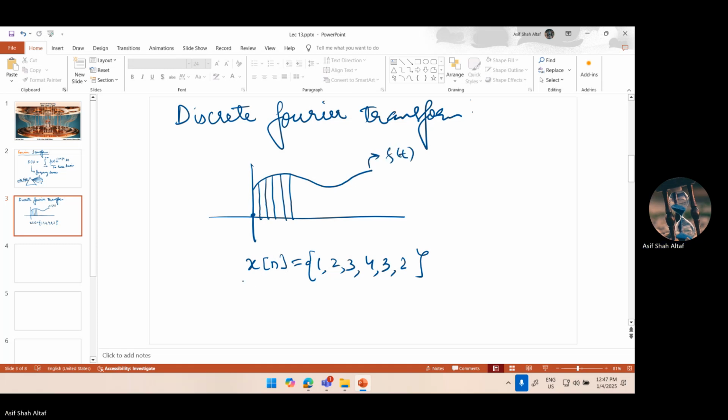There are some rules to discretize it. You have to make sure that the sampling rate is enough so that you don't lose information.